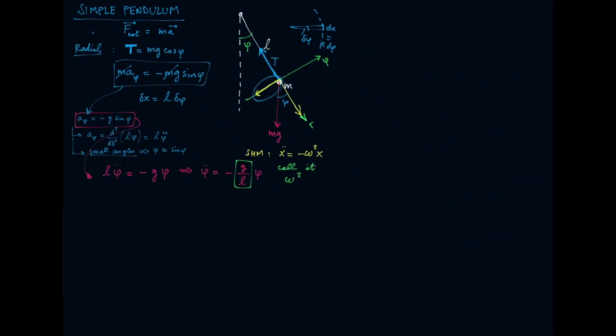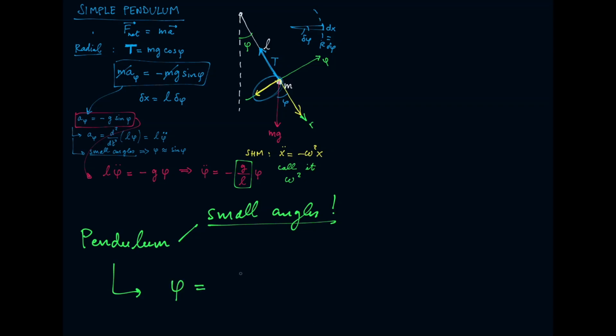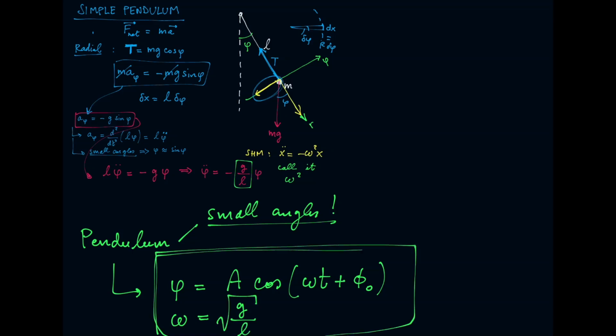And so the bottom line is that the solution for the motion of a pendulum for small angles, important, is that the angle phi is equal to some amplitude times cosine of omega t plus a phase, where the angular frequency of the pendulum is the square root of g over L. In most textbooks, I think you would find this phi expressed as theta.